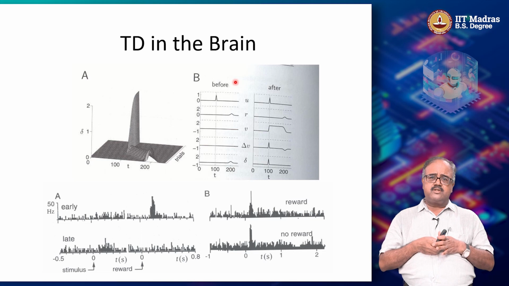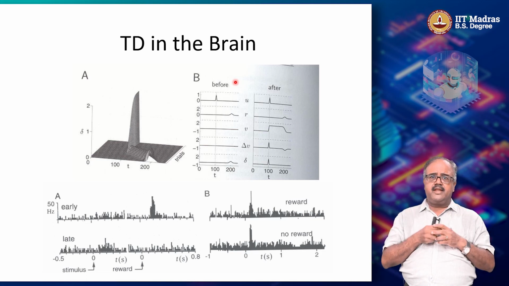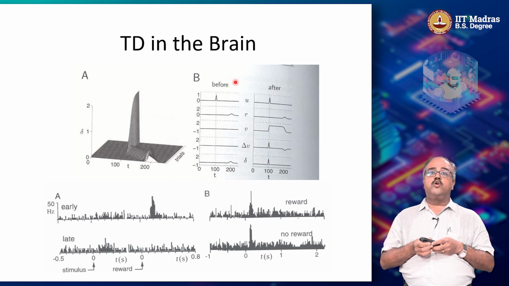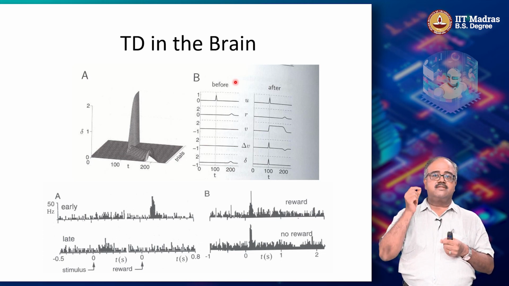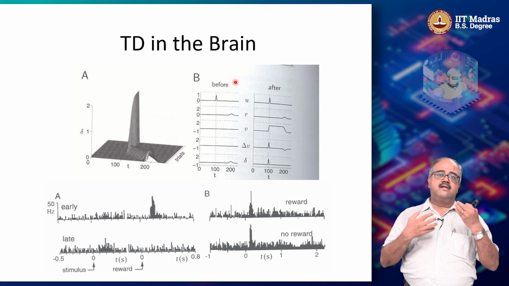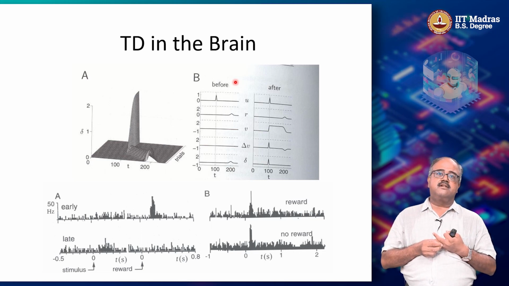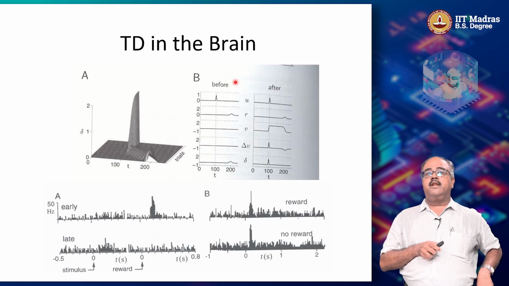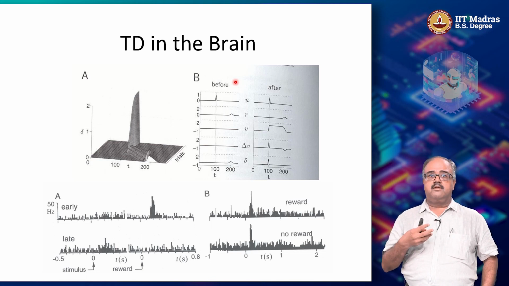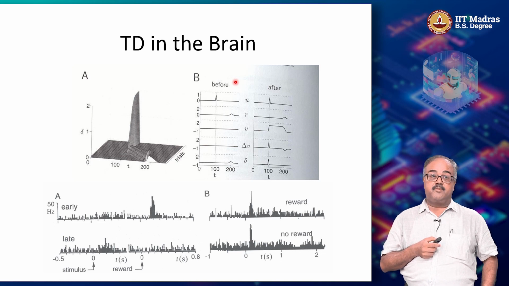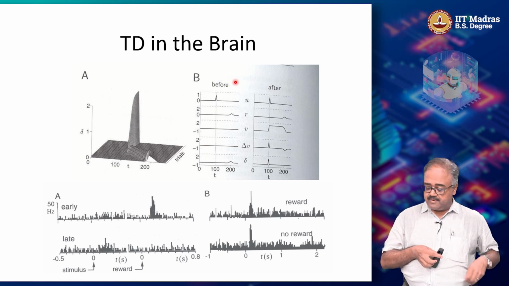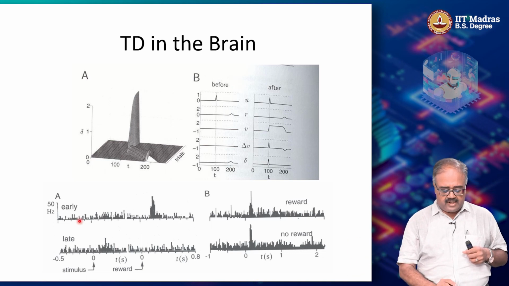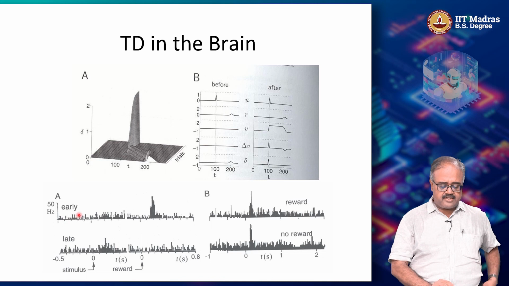So, what they did was they were recording in the monkey's brain the activity of a particular neuromodulator called dopamine, right. Dopamine is considered one of the pleasure chemicals in the brain, but it is also now known to facilitate a lot of learning in the human brain, right. So, what happens, as you can see in this complicated spiky curve here, is that this is early in the conditioning behavior.